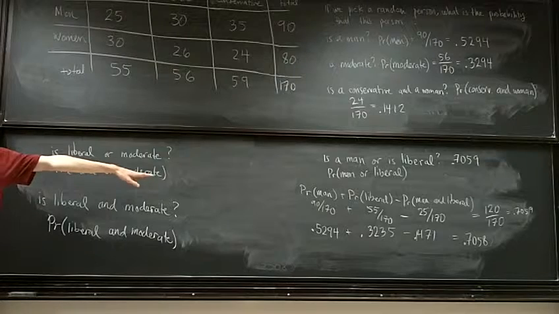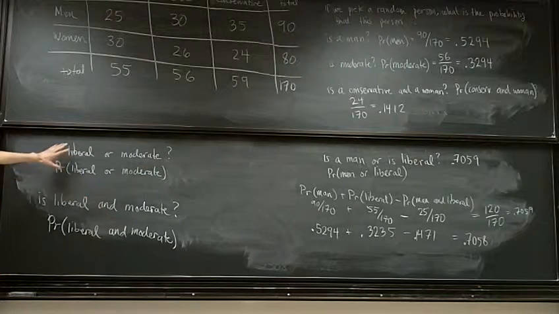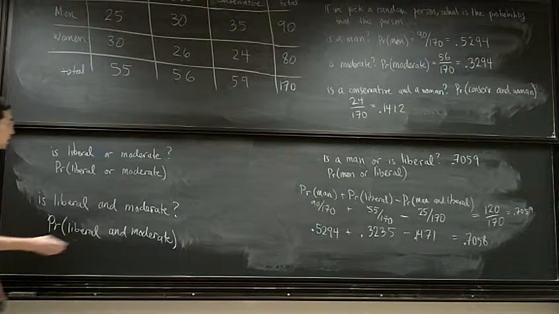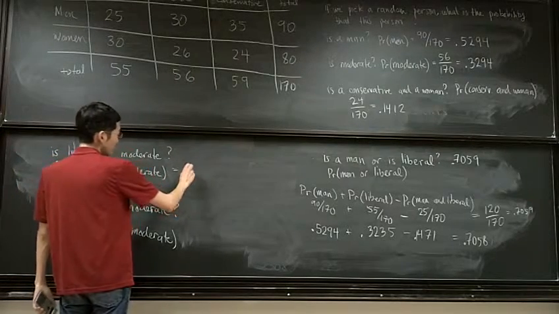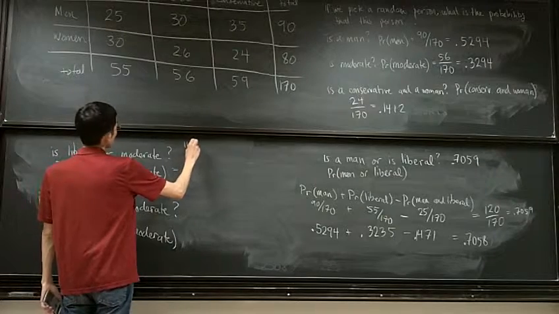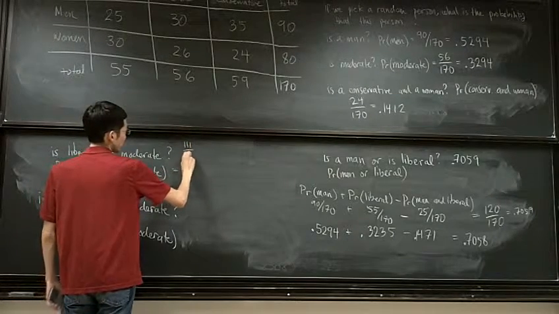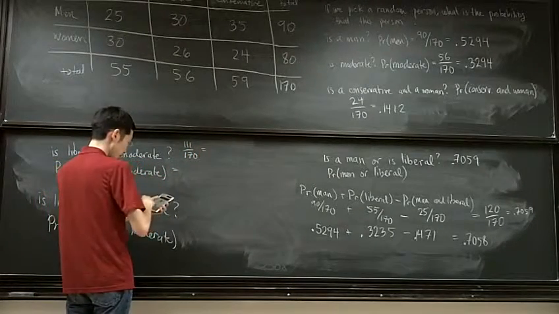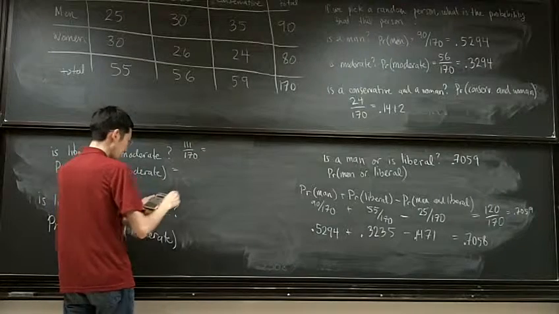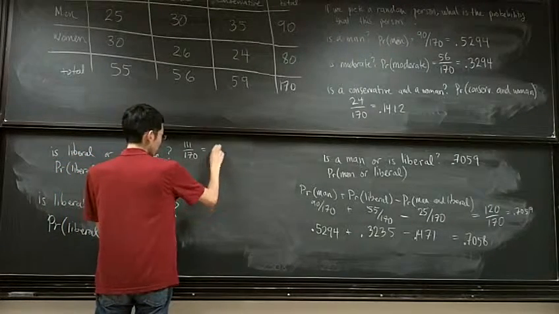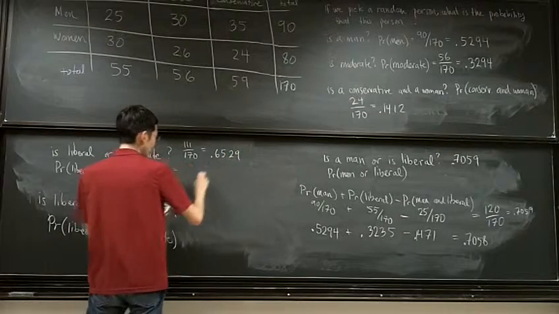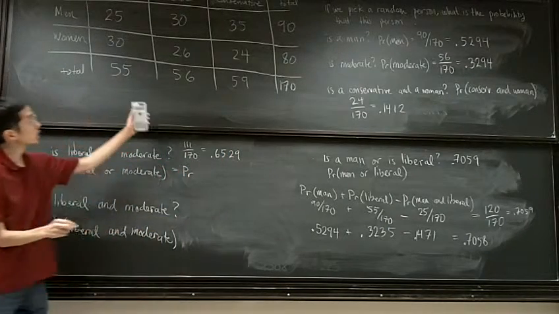So, this one's good. Okay, is liberal or moderate? Okay, so this would be 111 divided by 170, which would be 0.6529. Okay, or these are mutually exclusive.